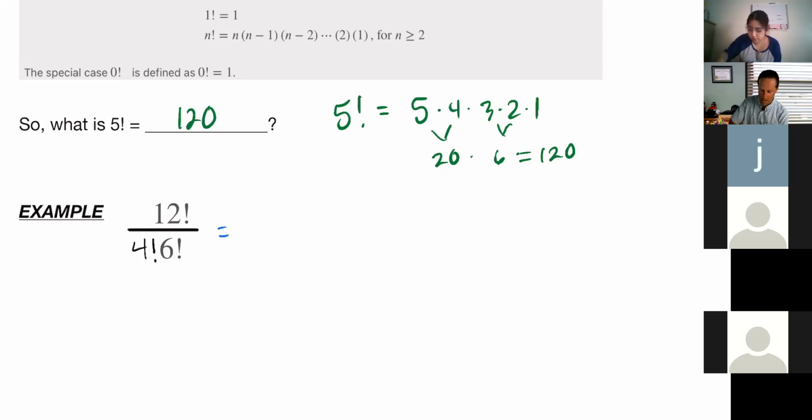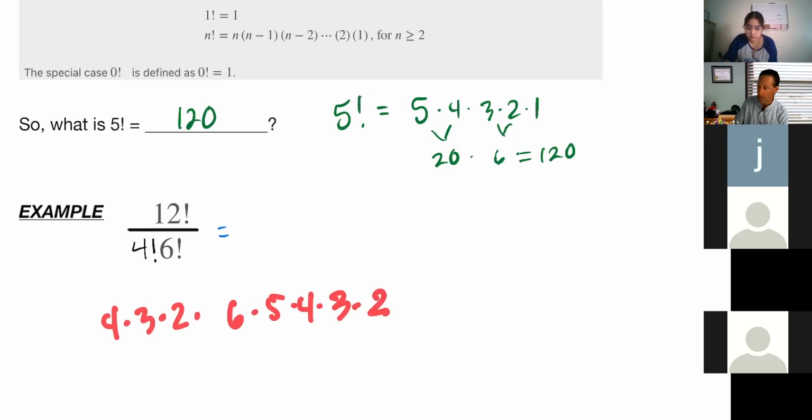But on bottom, I have 4 factorial times 6 factorial. Does that mean I have 24 factorial? No. Does that mean I get to add them and have 10 factorial? No. What you have is 4 times 3 times 2 times 1 times 6, 5, 4, 3, 2, and 1. That's not equivalent to 10 or definitely not 24 factorial.